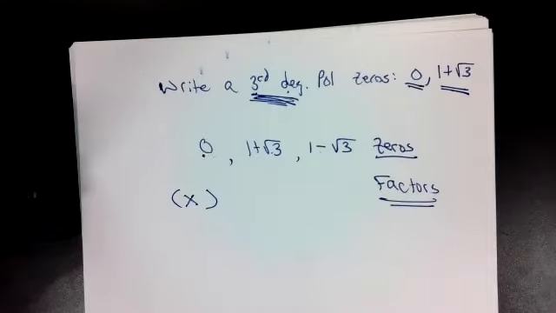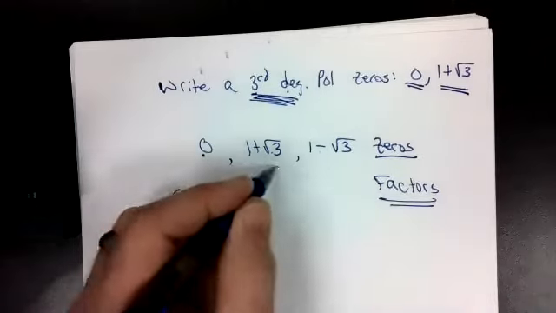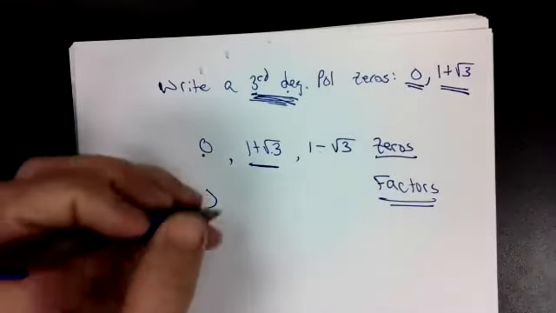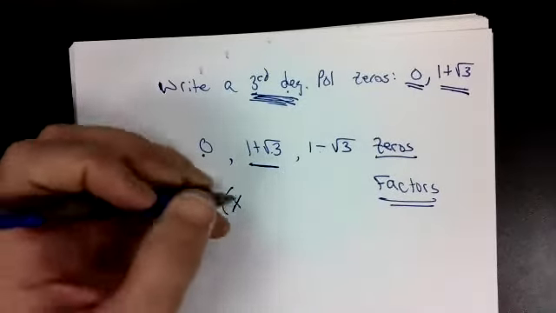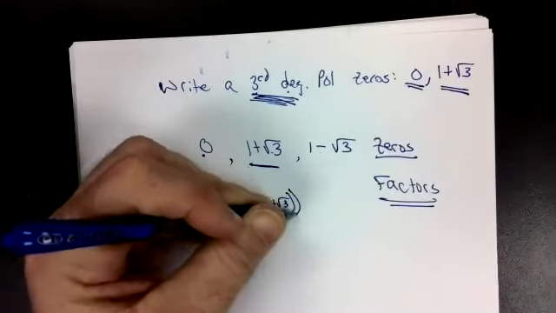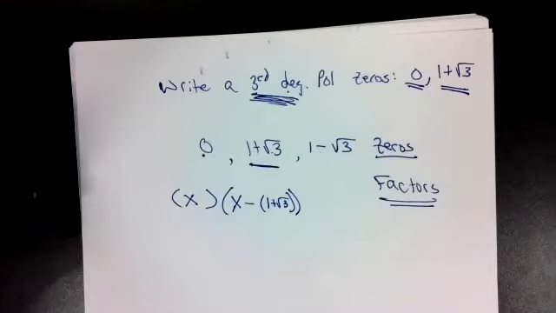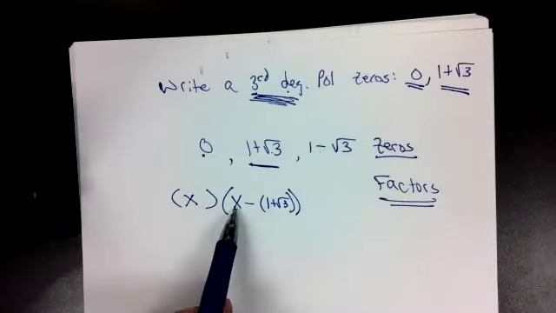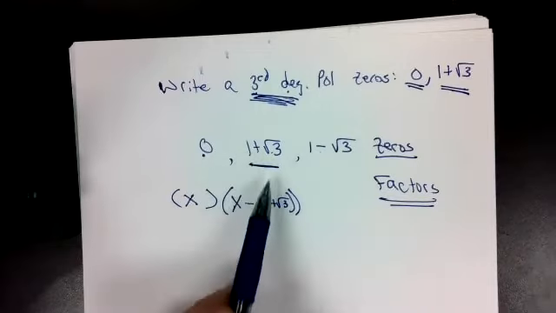And now follow me, this is going to get gross real quick. If 1 plus root 3 is my 0, then x minus 1 plus root 3 is my factor. So again, that's x minus 1 plus root 3.